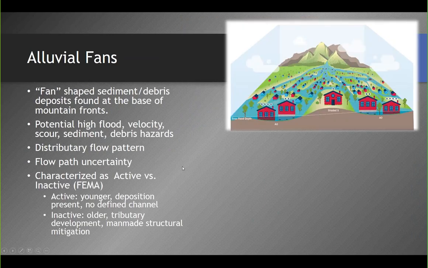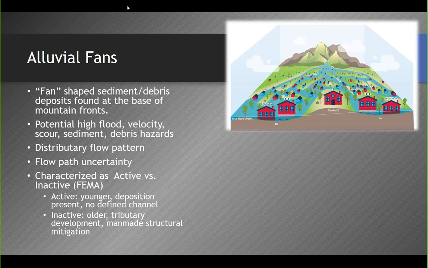Before we go into the study results, for those of you who are unfamiliar with alluvial fans, I want to identify what an alluvial fan is. These are areas located at the base of the mouth of the canyon where debris and sediment have deposited into fan-like shapes due to historic high-velocity floods.